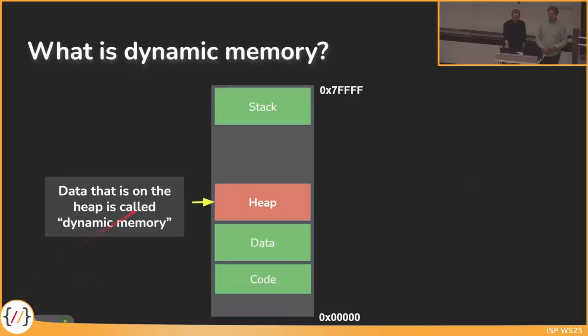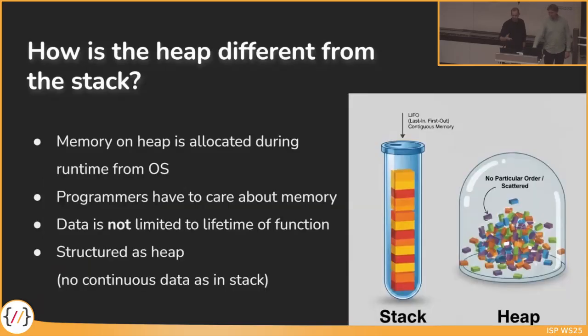The data that is stored on the heap is also called dynamic memory. Why dynamic? Because it has some differences to the stack. The stack is, as you can see here, like one variable over each other.